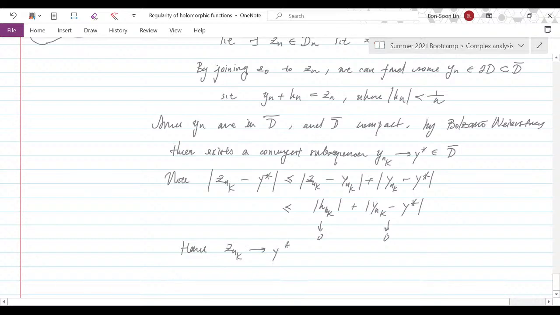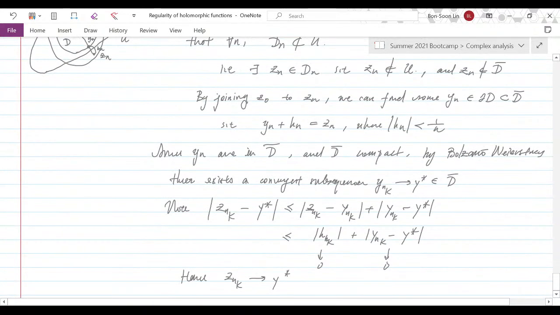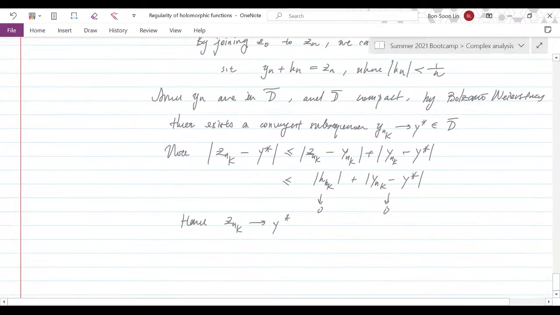Well, what does that mean? Well, that means there is a point znk that is arbitrarily close to y star, but y star is in U. So znk is eventually going to be in U, right?